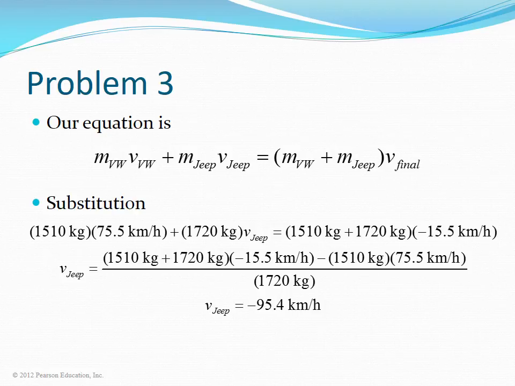Substitute what we know and solve for the missing value, v Jeep. We find that the velocity of the Jeep initially was minus 95.4 kilometers per hour. The minus sign indicates the Jeep was traveling in the westerly direction, as stated. And yes, the Jeep was speeding.